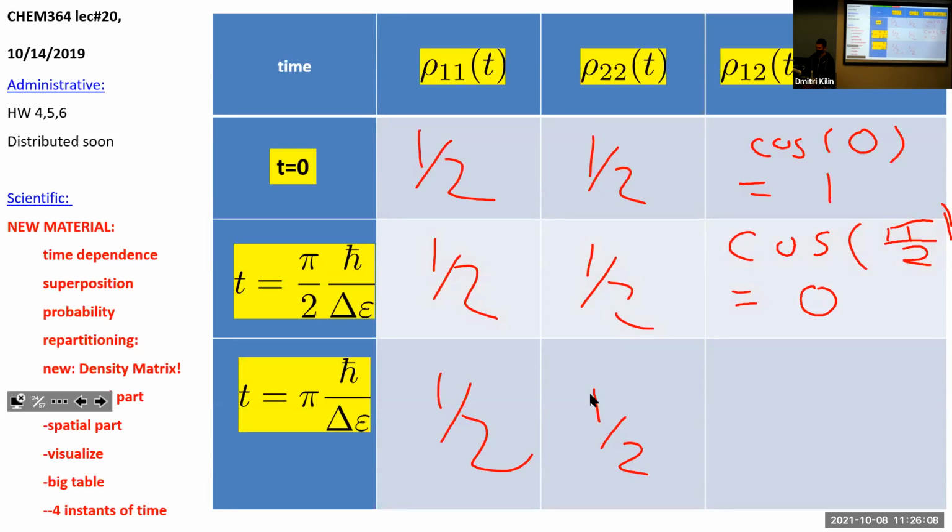Excellent. Can you just give the answer for the last cell? Excellent. Thanks, Wade, and thanks, Adam.